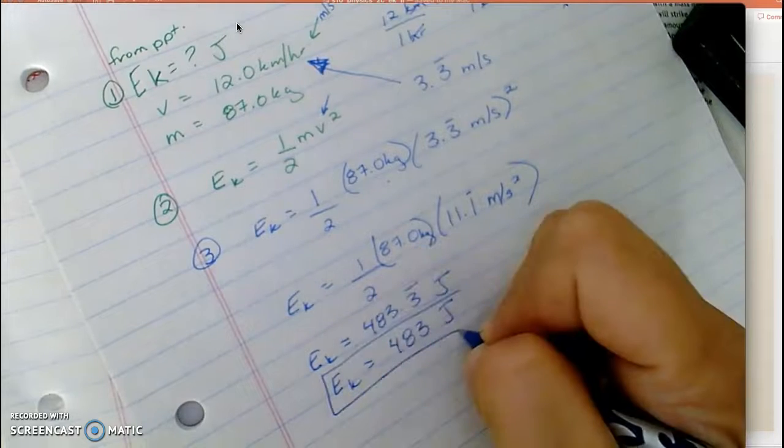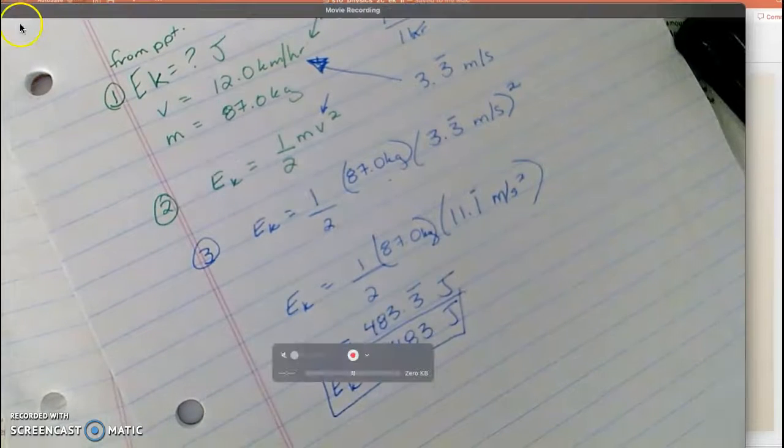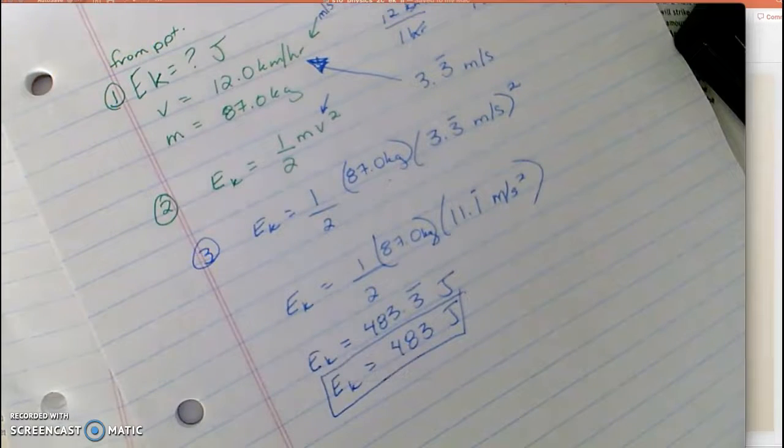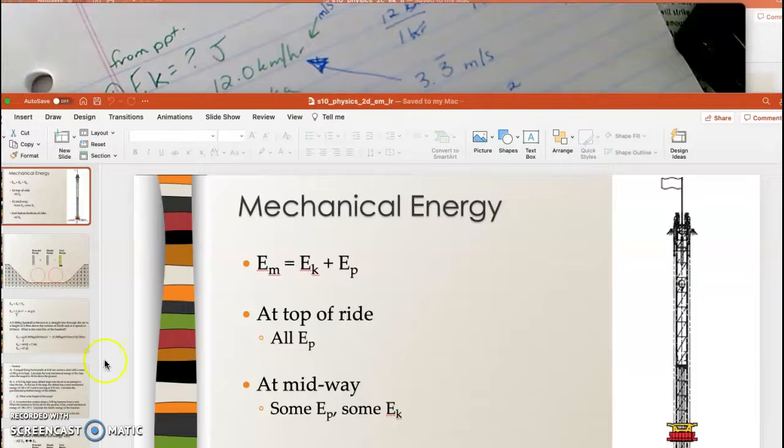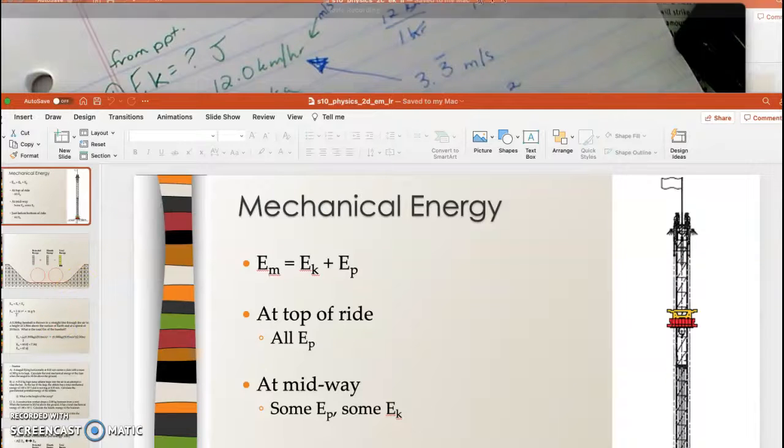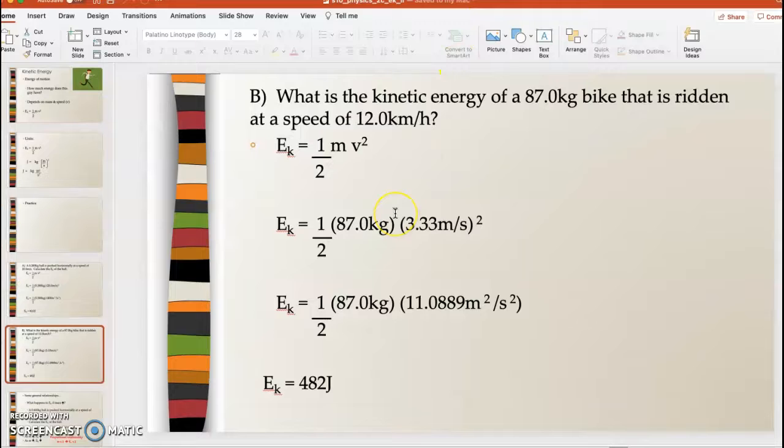Now let's check that with the PowerPoint and see if we did it right. And if we did it wrong, that's okay, we'll just find out our error. 483. I had 482. Did I type it in wrong somewhere? Let's find out. 87 times 0.5.